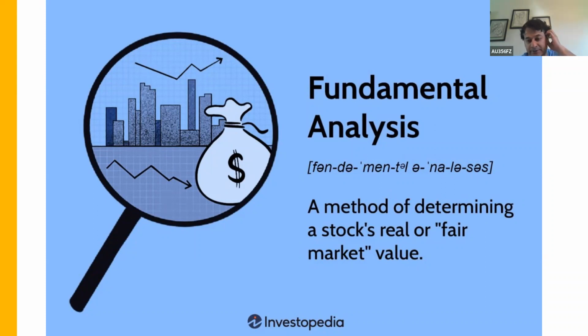Similarly, when you talk about an index, an index is a pool of stocks, a bunch of stocks that are combined together based on a certain hypothesis. And why I call that a hypothesis is because every index has a certain formula based on which companies will come into the index or go out of the index.